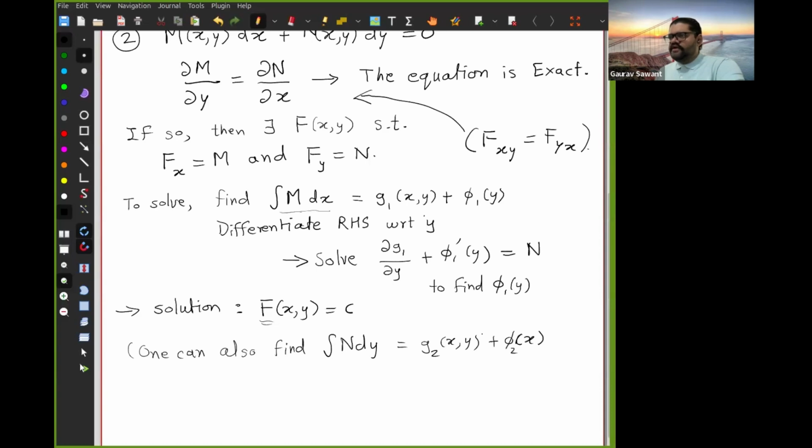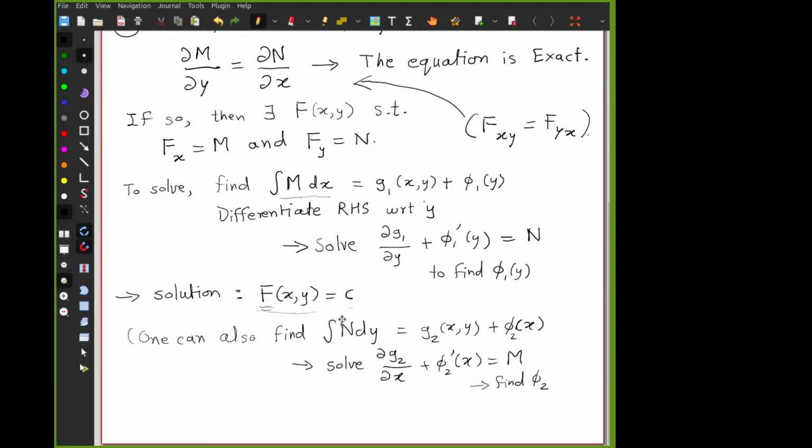And then you differentiate with respect to x and then solve del g2 over del x plus phi2 dash x equal to M. And then find phi2. And once that is done, you can simply plug it back in and obtain your solution in this form. So this is fine so far. Yes, sir.